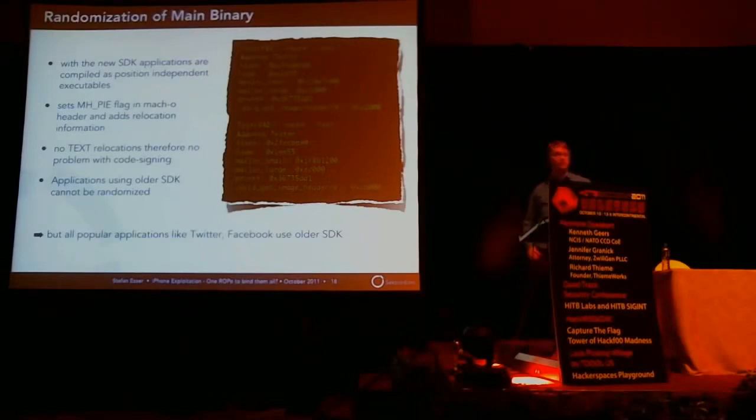When you compile against an old SDK, for example, to have compatibility with older devices, then Xcode does not generate a position-independent file. This means that all the applications that also run on old devices, like Twitter, like Facebook, they all want to be compatible with all the old devices. They are all not position-independent executables. So in all these cases, the main binary is not randomized.